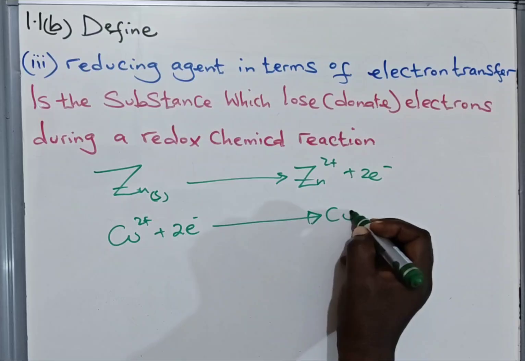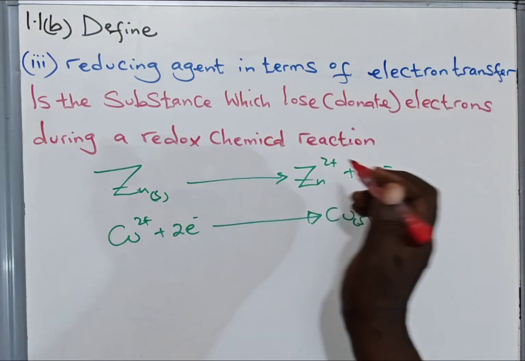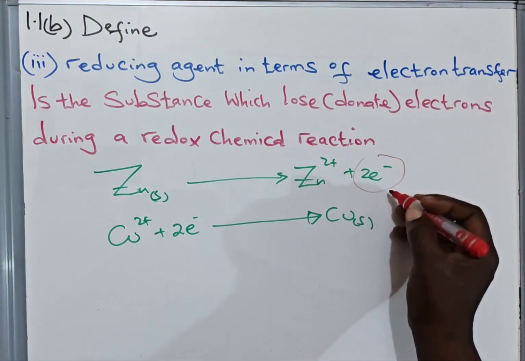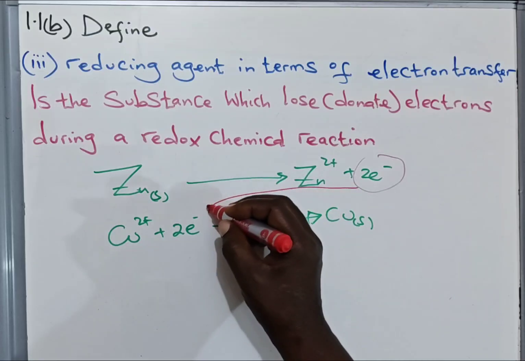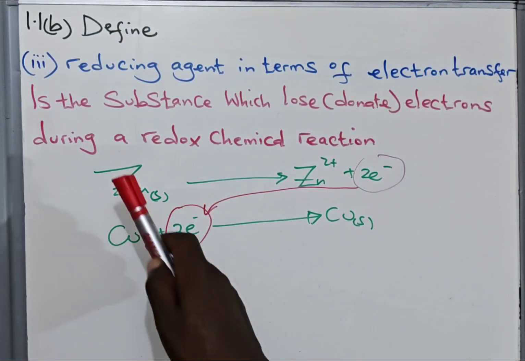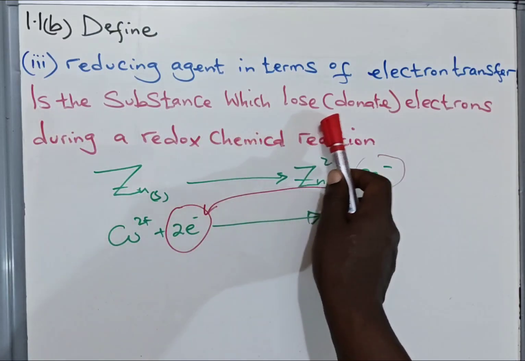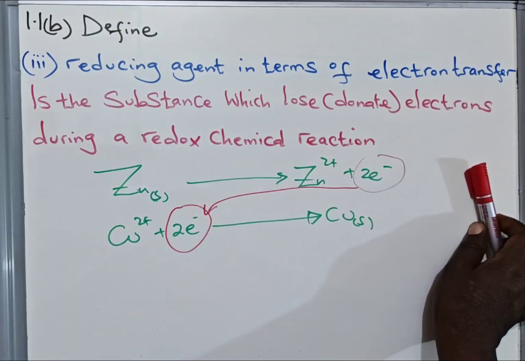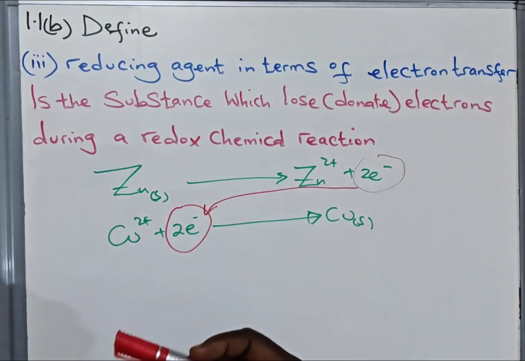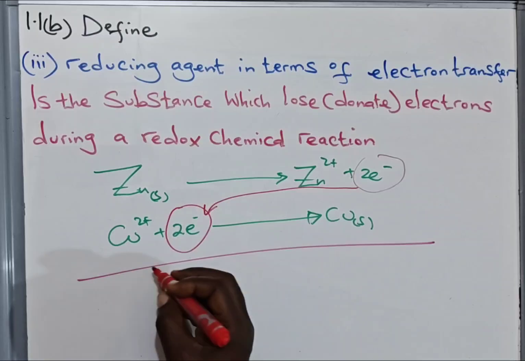And we said that zinc donates the 2 electrons during oxidation, which are gained by copper 2 ions. So if you go back to our definition, we said it's a substance which loses electrons. So which one loses electrons? If you look at our net, let us look at our net.